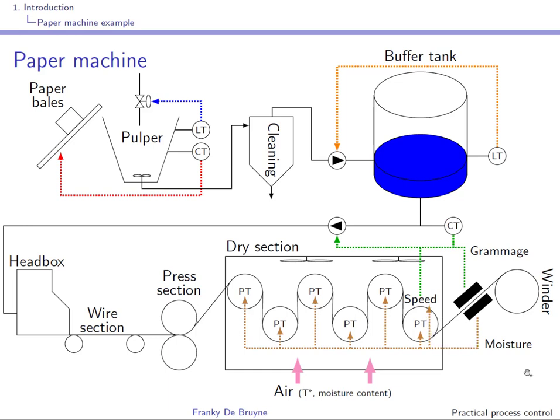In this paper process there are also coupling effects between moisture and grammage. For instance, if you control moisture using speed, this is when the drying capacity is limited, as we have seen, you can see that the grammage is also influenced by this speed change.